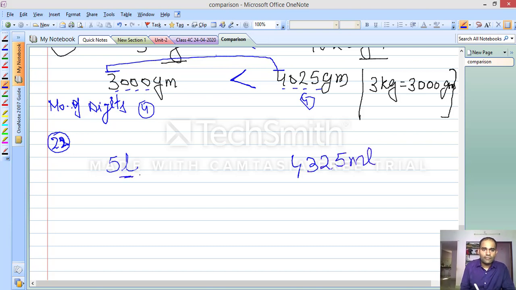Here is liter, here is milliliter. So what you need to do? First of all, you need to convert both of them into the same unit. This is milliliter, this is liter. We will convert liter into milliliter.